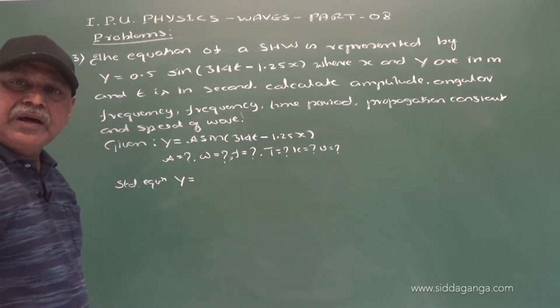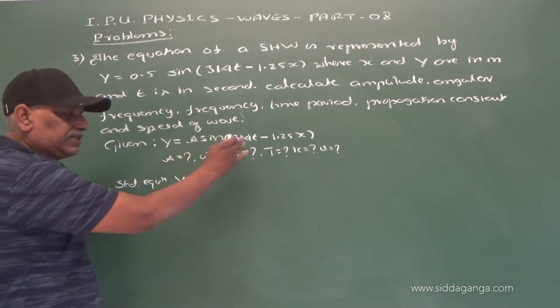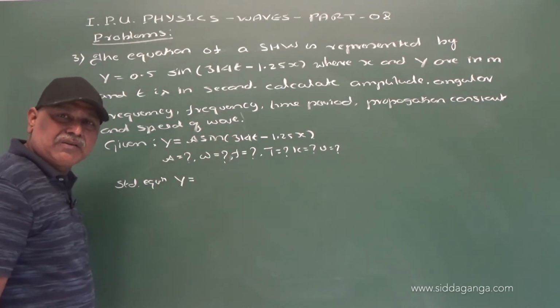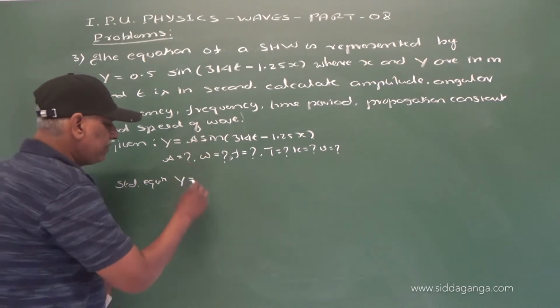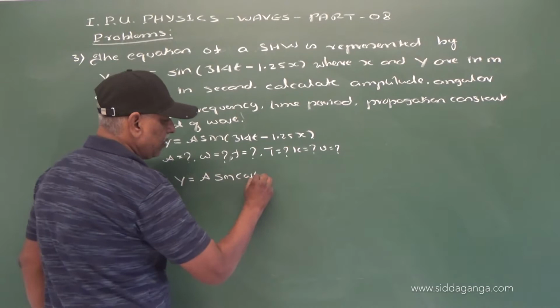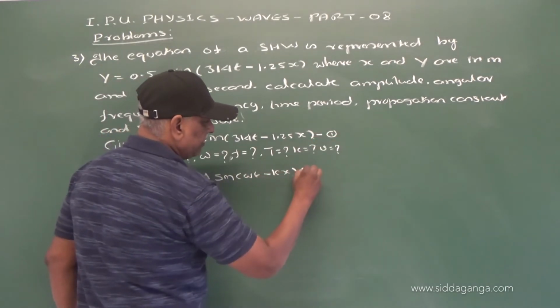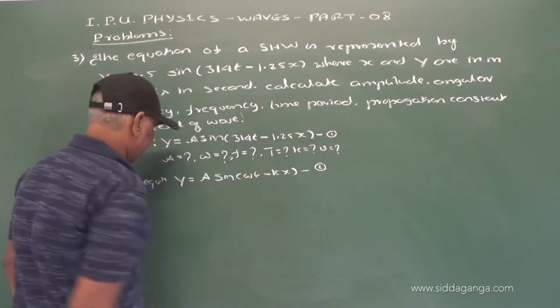Now when we compare this equation with our standard equation, it can be comparable with a sin (omega t minus kx). This is given equation 1, this is 2.